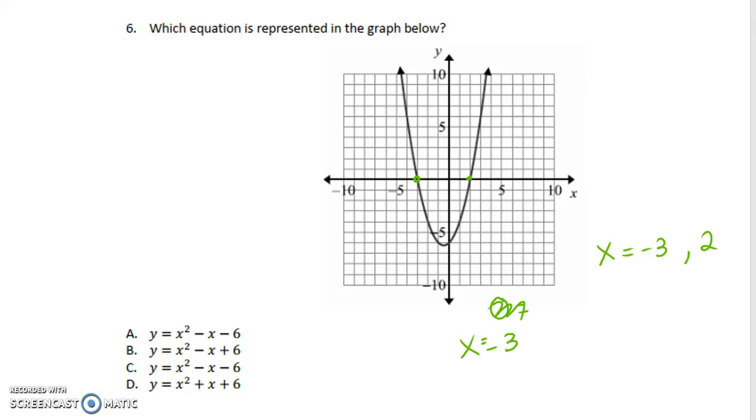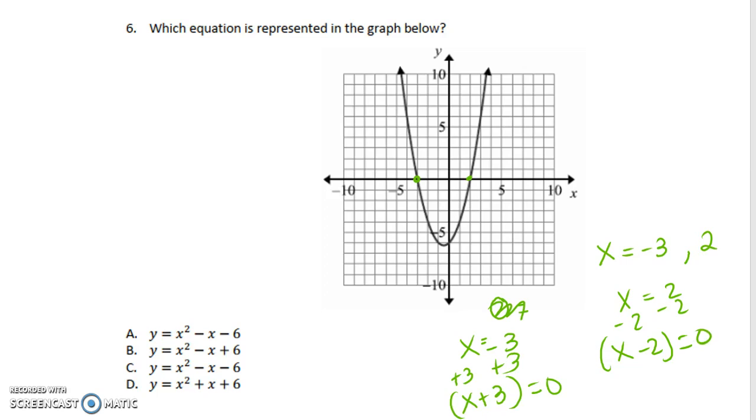I need to set x equals -3 equal to 0, which means I would need to add 3 to both sides. So one of my factors is x plus 3. The other factor, if I move this 2 over, would be x minus 2 equals 0. So now when I look over here at these quadratics, I'm going to FOIL this out.